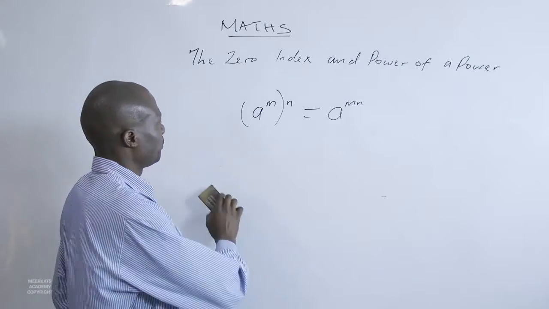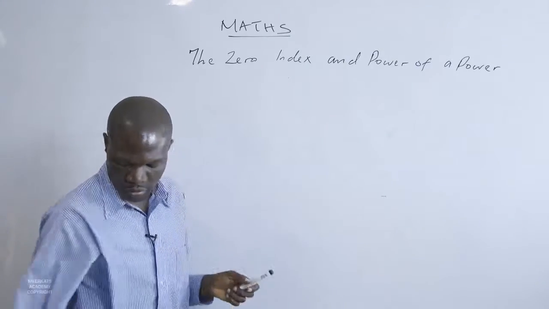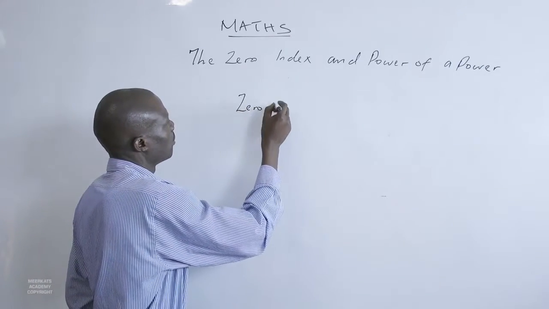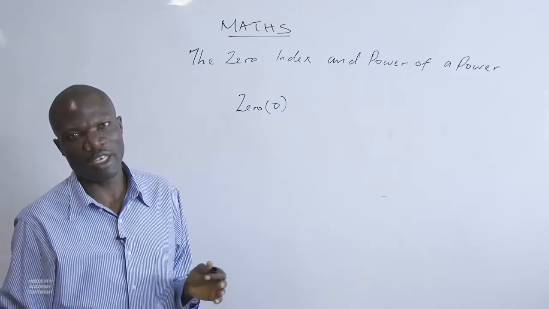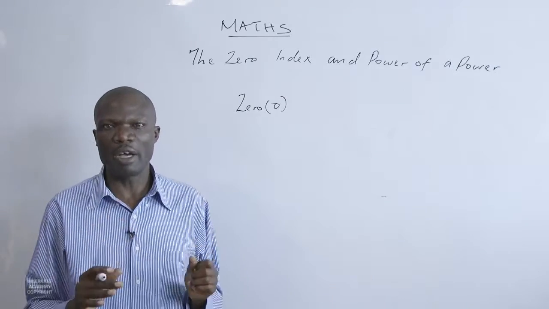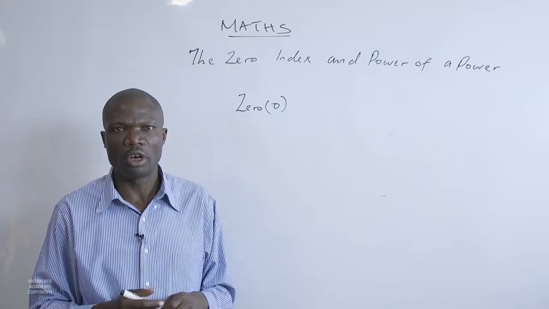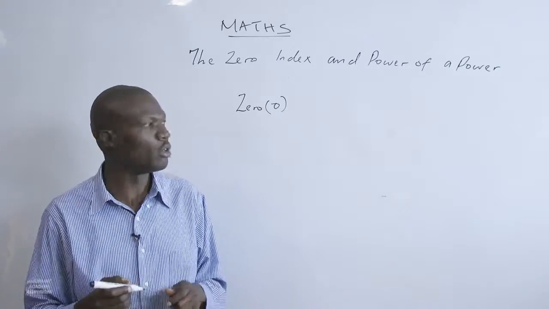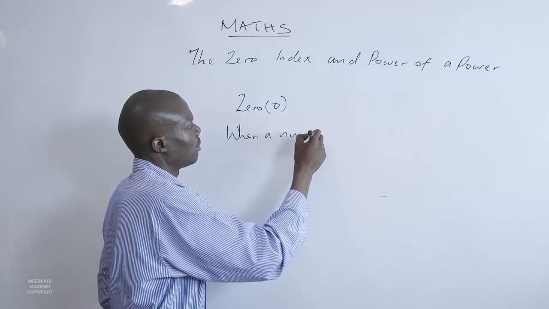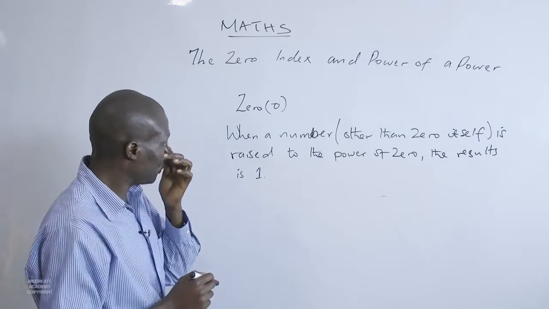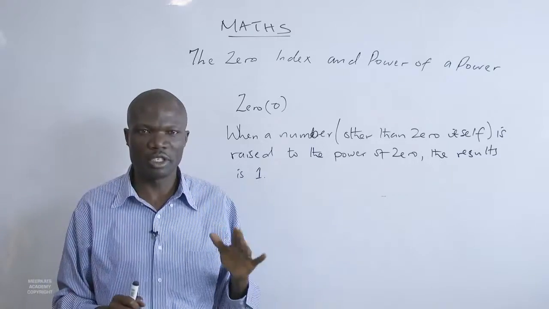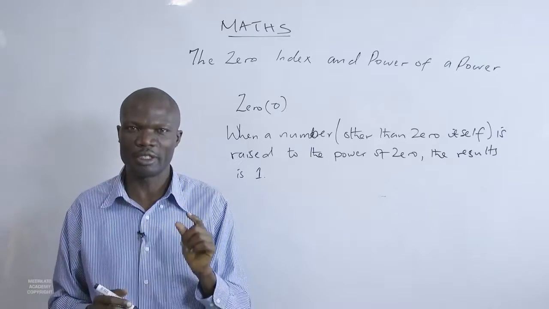For zero, it is a bit different. We say this: when a number other than 0 itself is raised to the power of 0, the result is 1.